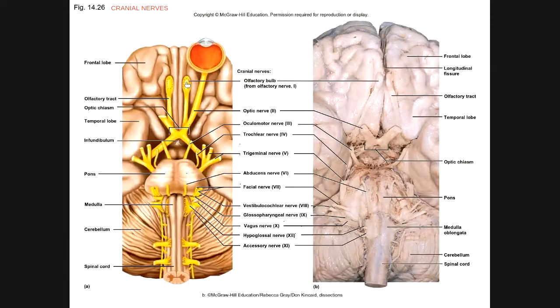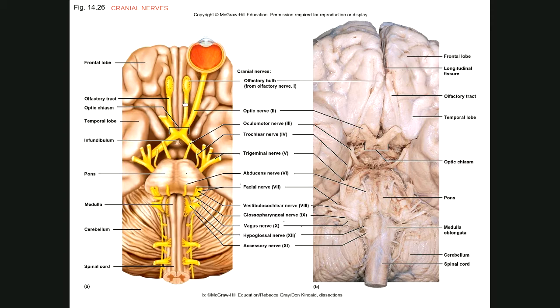Now, at the very tip of the olfactory nerve, there's a sort of bump or a knob. That's called the olfactory bulb. It is part of the nerve. Sometimes the nerve is called the olfactory tract. Okay, so olfactory nerve and olfactory tract are used interchangeably for this nerve.